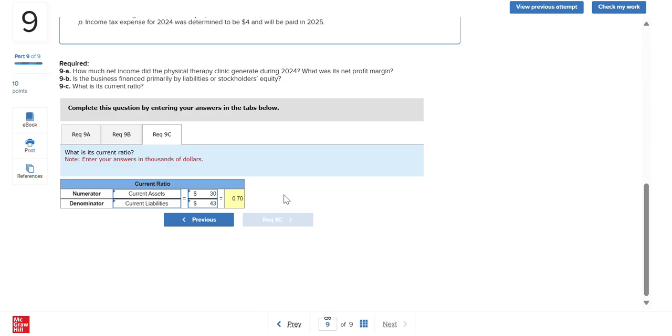And this means that for every dollar the company owes within a year, it only has 70 cents in current assets available. And a ratio below 1 shows that the company might have trouble covering its short-term obligations.